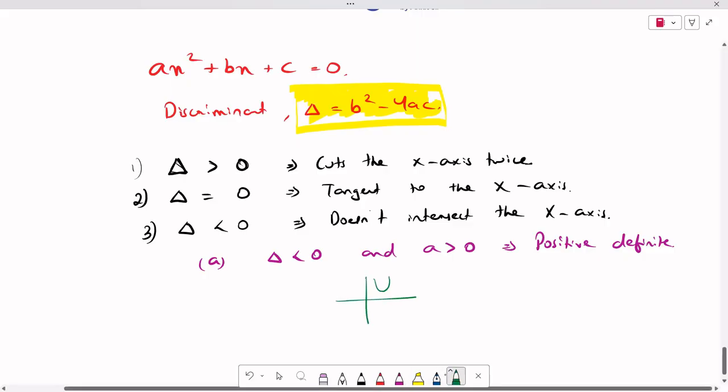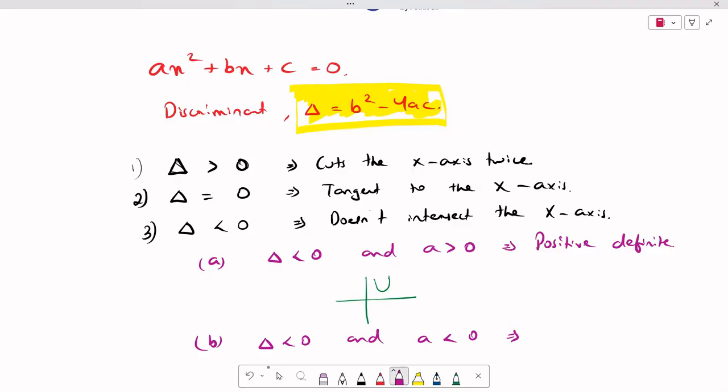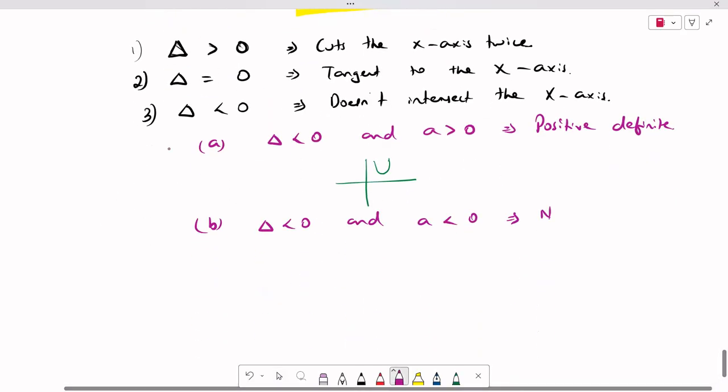The parabola I get will be something like this. Since a is positive, you get an upward concave parabola. Similarly, if the discriminant is still negative and a is negative as well, you get something known as negative definite, which in the above case looks something like this.